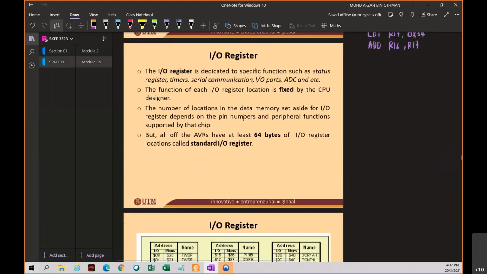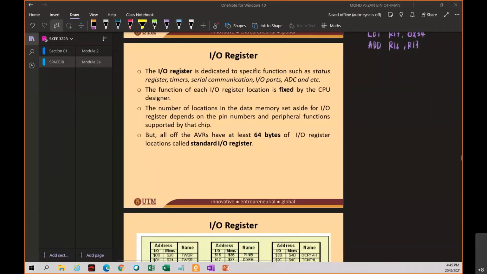Anyone? Few minute break. Okay, kita break dulu ya. Kita sambung semula pukul 4 berapa nak? 4.40, boleh tak? Boleh, Doktor. Okay, 4.40 ya. Kita sambung semula 4.40.